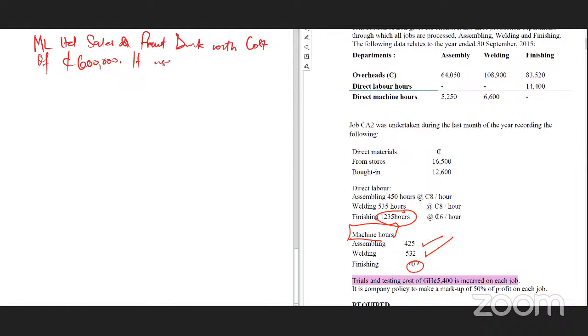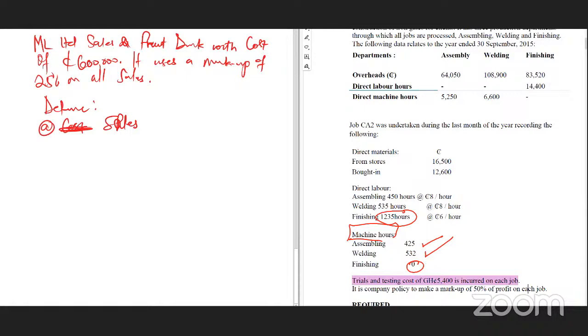It uses a markup of 25% on all sales, right? On all sales. Determine A, the selling price or the sales for the product, and B, the profit, right?